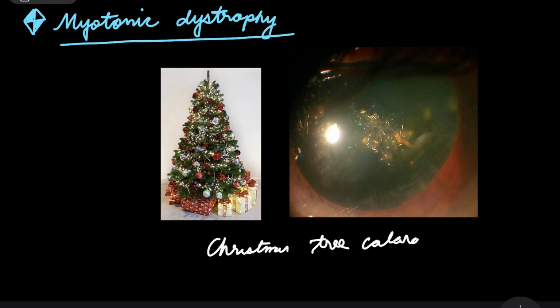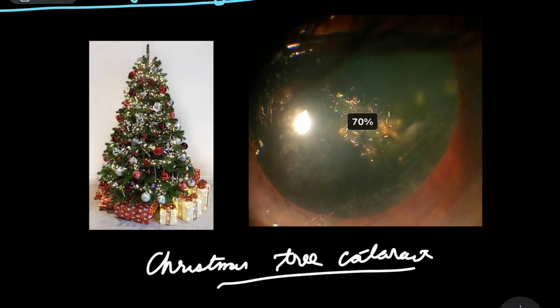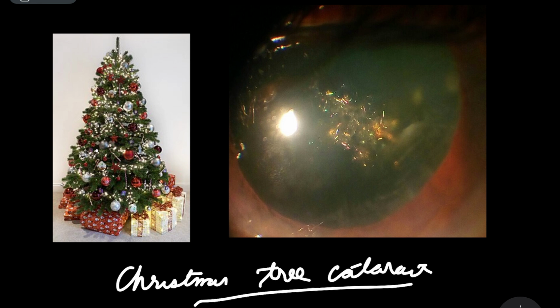Just for better understanding, I have also put in a picture of a Christmas tree if you haven't seen one, although I really doubt that. A Christmas tree, as you can see, is triangular in shape, shining with different lights, right? So just like that, look over here, you will see this outline that I'm making, with different lights shining in the center. So basically this is a form of cataract.